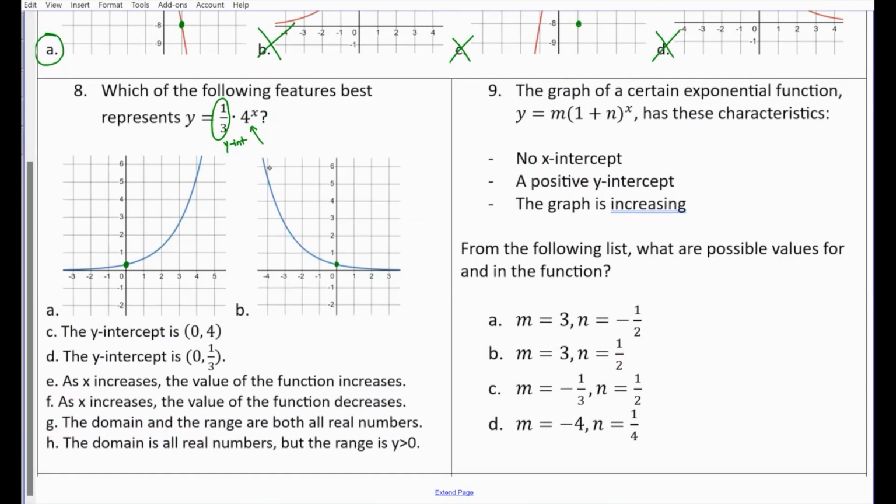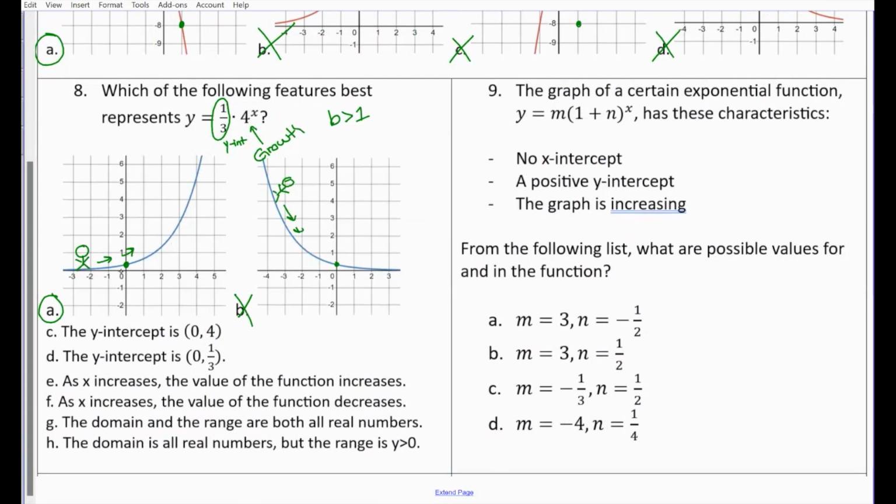In this case, I don't have any very next point, so it's a little bit hard to tell what's next. But I do know that 4 is greater than 1. That means this has to be growth. So if I put my little person on the mountain, he should be going up the mountain. In this case, he is. If I put him on graph B, he's going down the mountain. So I know my answer has to be A.